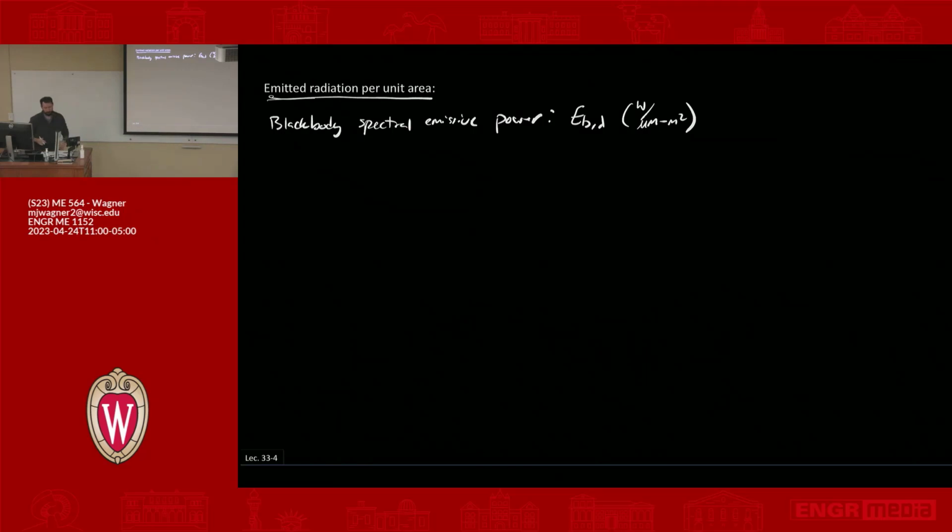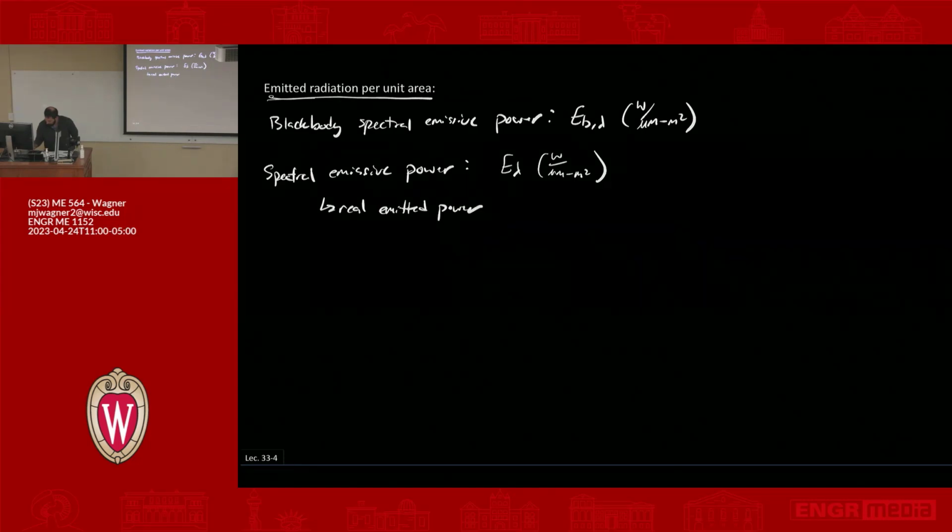You can also have spectral emissive power, E lambda, again with the same units, watts per micron meter squared. That is a function of wavelength, but it is the real emitted power. It's exactly the same as black body, except that it's not ideal. It's the real surface's emitted power.